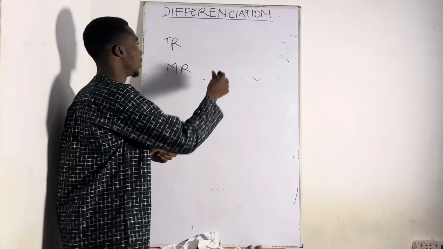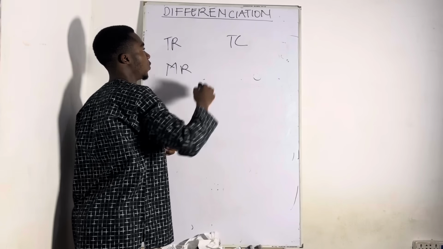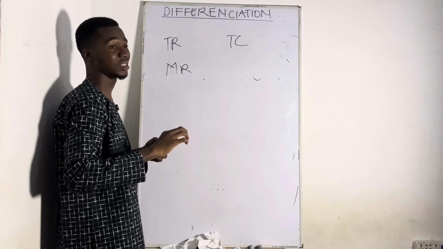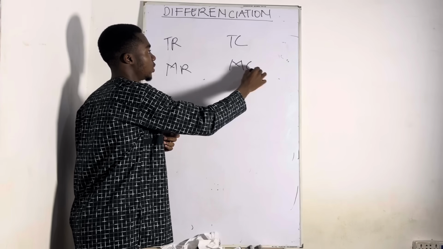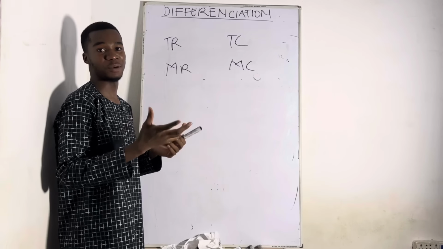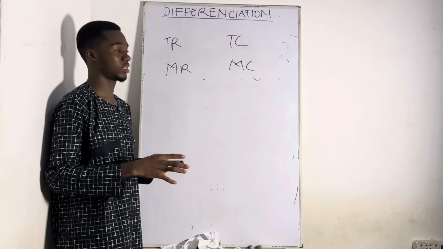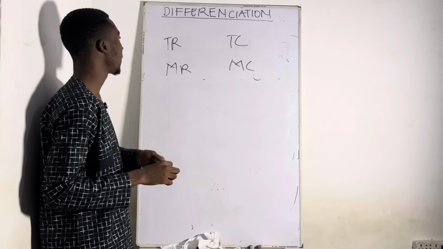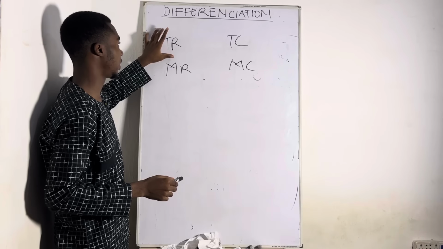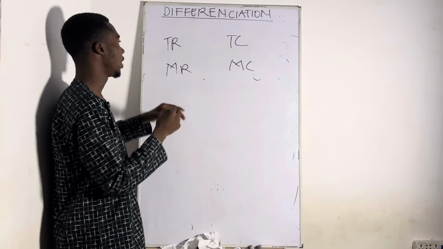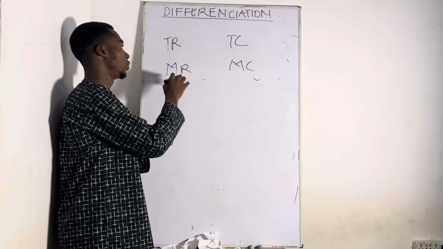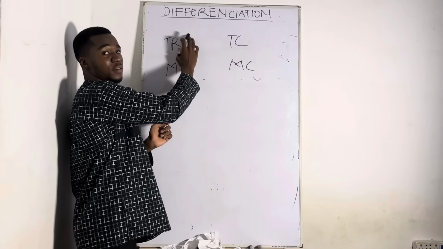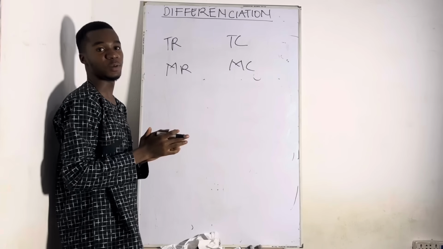Also, if you have, let's say, total costs and you want to know the extra costs in the company, you use what you call the marginal cost. So marginal cost is the extra cost you are incurring per an additional unit. You get it? So now understanding this, if you have a total revenue function and you want to find the marginal revenue, which is the rate of change of the revenue, you can just differentiate the total revenue function, then get the marginal revenue function.